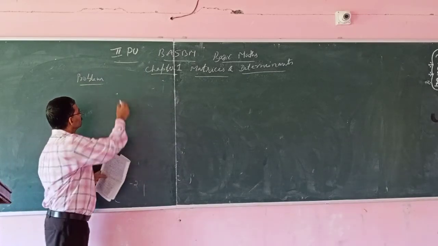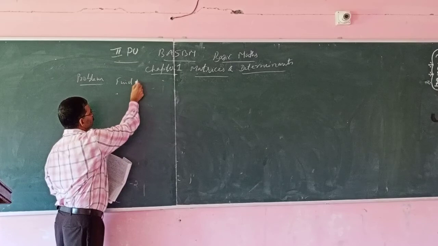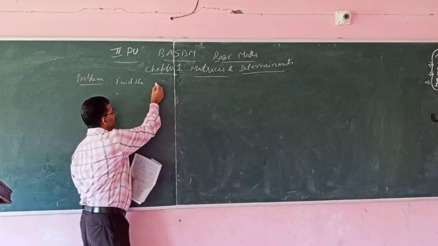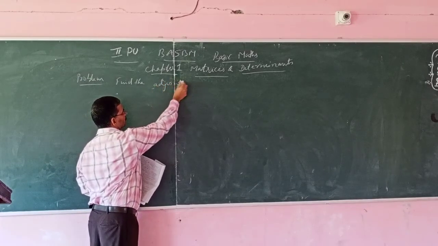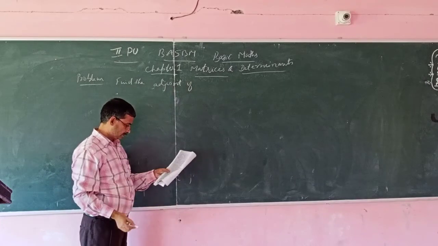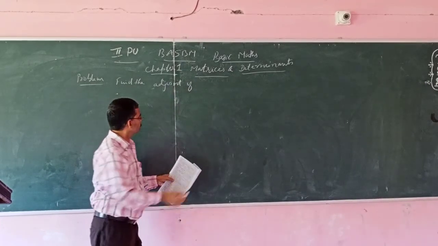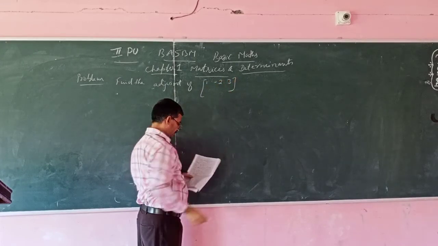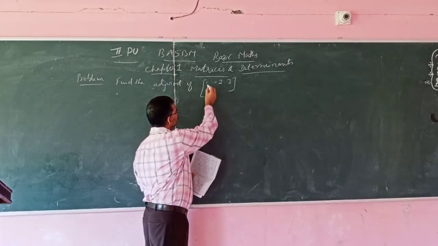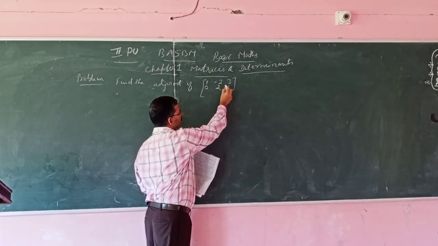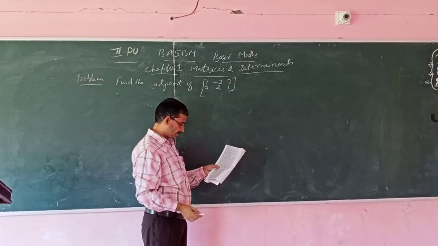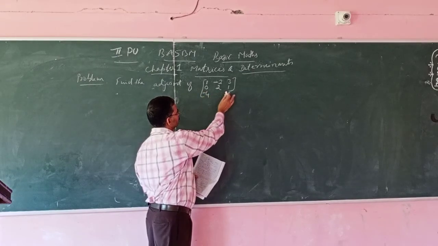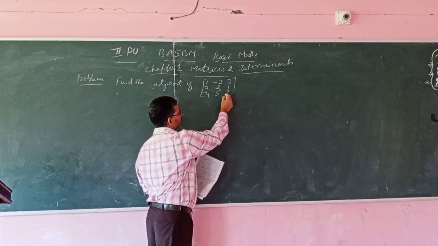Find the adjoint of the matrix: 1 minus 2 3, next 0 2 1, minus 4 5 2.